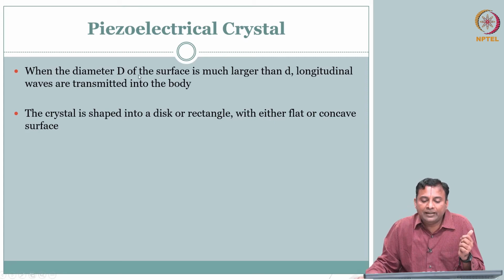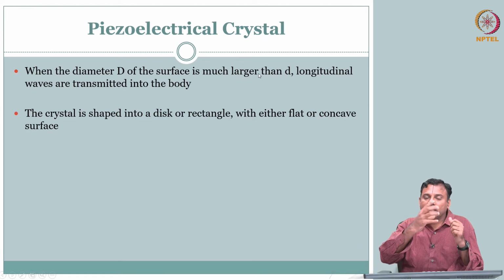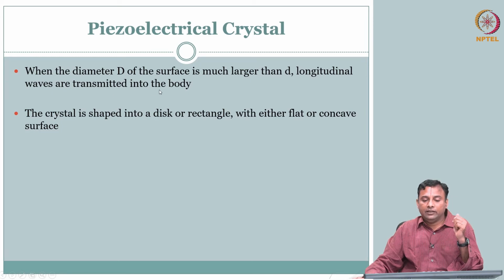So when the diameter D of the surface is much larger than the thickness d, that is, the surface area is larger than your thickness, longitudinal waves are transmitted into the body.